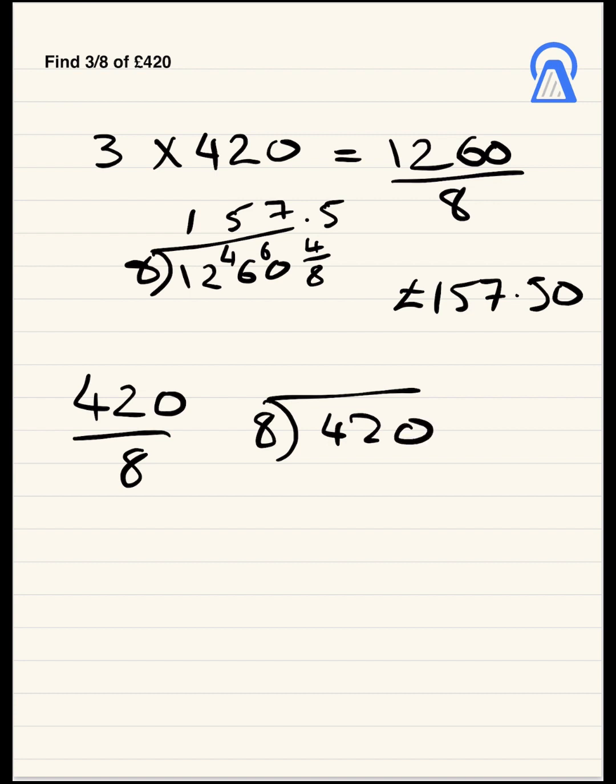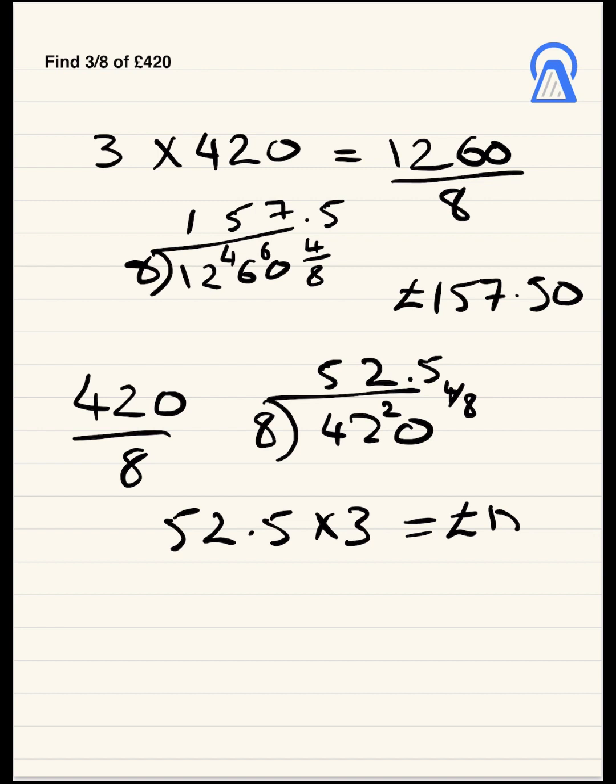So 8 does not go into 4. 8 does go into 42 5 times, leaving me with 20, and 8 goes into 20 just the twice, and again leaves me with 4 eighths remaining, 4 eighths being the same as 0.5, half, so I get 52.5, and then I can multiply it up by 3, and you can see that's another method of getting to the same answer.